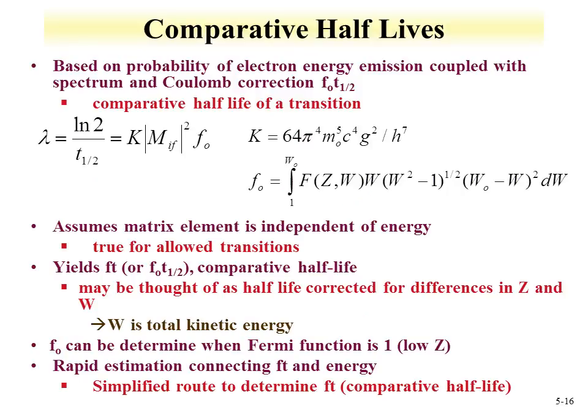We can use this information to develop something called comparative half-lives. This is based upon the probability of an electron energy emission coupled with the spectrum and Coulomb correction. We're going to call this Ft, or F naught T one-half. This is basically a comparative half-life for a transition, where our decay constant is equal to log 2 divided by t one-half, which is equal to K, our matrix element, and this F term.